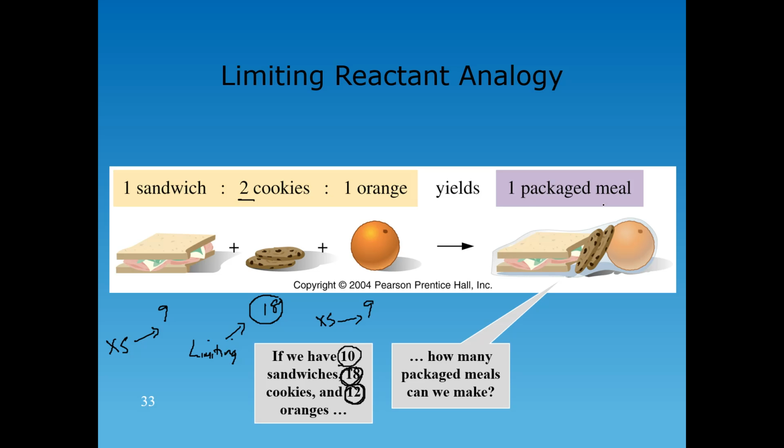Because there's a 2-to-1 ratio between the cookies and the packaged meals, the number of packaged meals will be equal to the number of cookies, which is 18 cookies, multiplied by one packaged meal, I'm just going to use PM as an abbreviation, divided by 2 cookies, because that's the ratio between the cookies and the packaged meals.